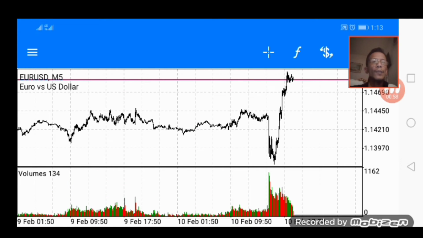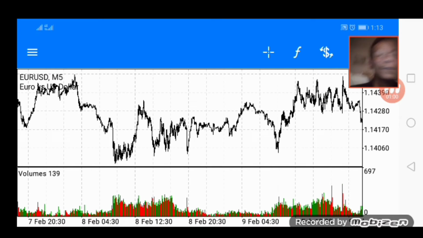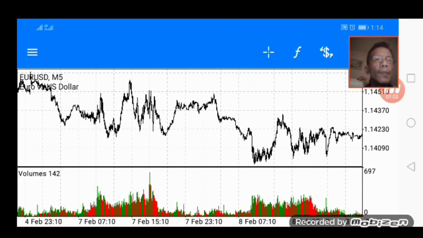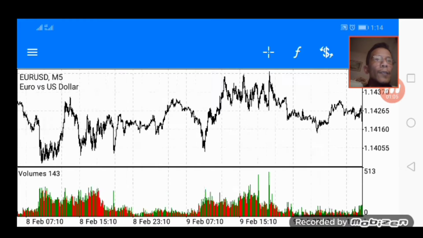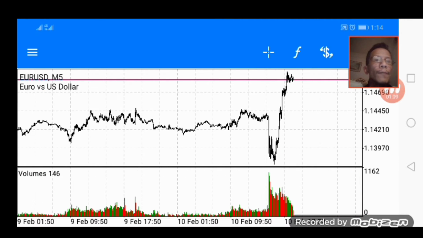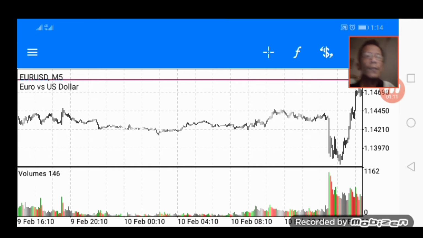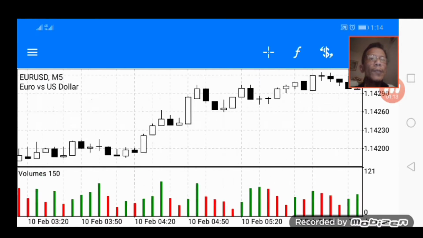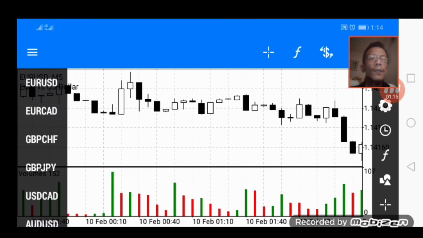So as you can see here, this graph is going sideways, right? So normally in 5 minutes, I'm on the 5-minute graphs.